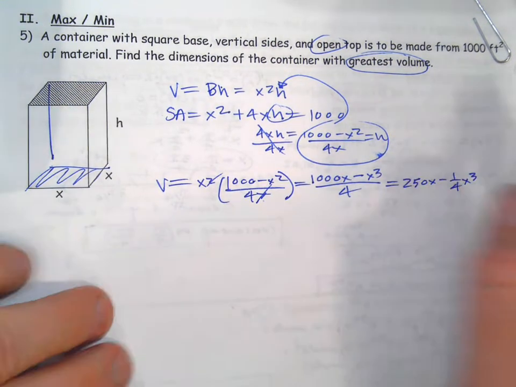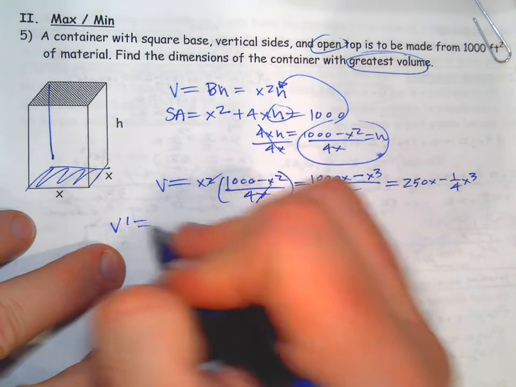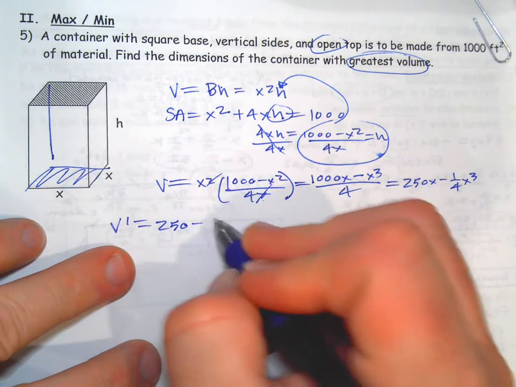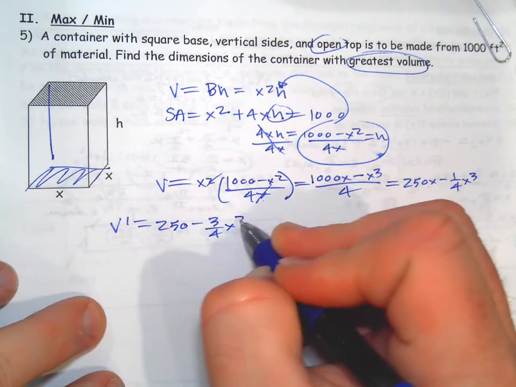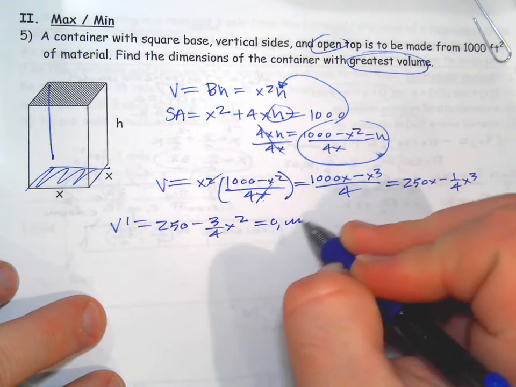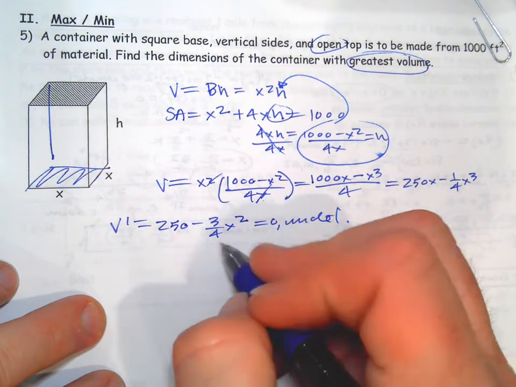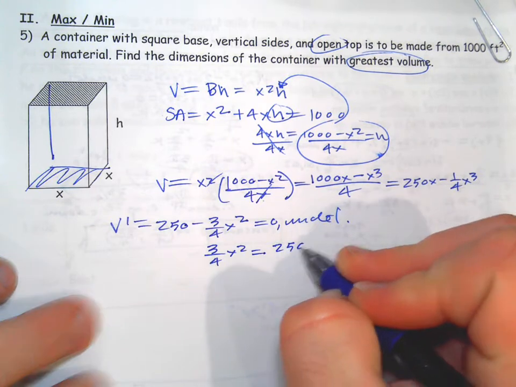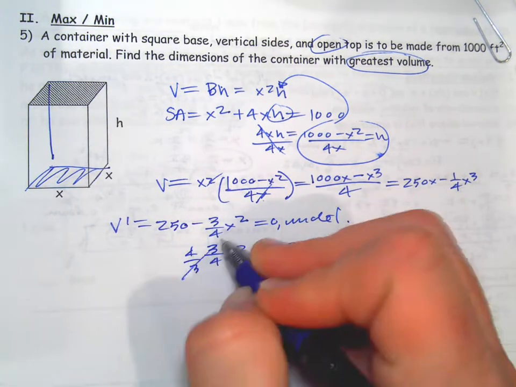Okay, that's the volume. So we've got to take the derivative and find critical points. 250 minus 3/4 x squared equals 0, or undefined. So 3/4 x squared equals 250. Multiply by 4/3.